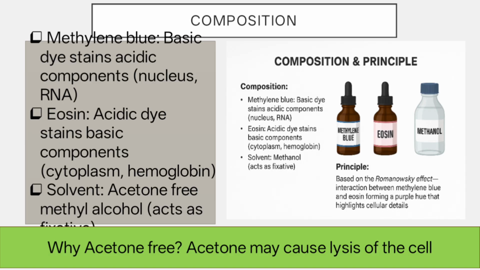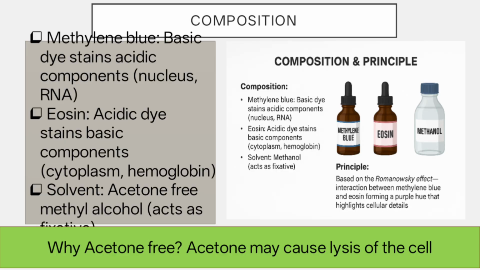Now regarding the composition, we have already told you that methylene blue is the basic dye. It stains the acidic components, which can also be known as basophilic: the nucleus, RNA. And eosin is the acidic dye. It stains the basic components like cytoplasm and hemoglobin, which are also known as acidophilic.